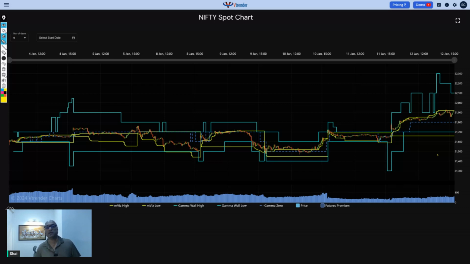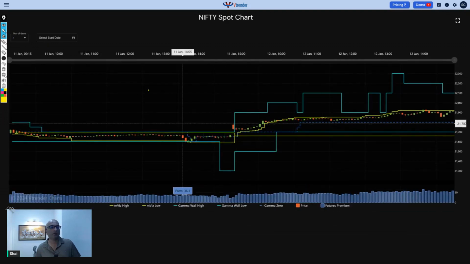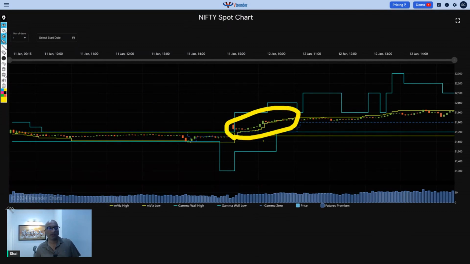This is something which we track via these yellow lines over here. So let me just go to a 1-day chart, so we'll have a better understanding of this yellow. So right at the open today, whenever this yellow moves up, in this case, this MVIS high I'm talking about, this yellow, it's moved up.